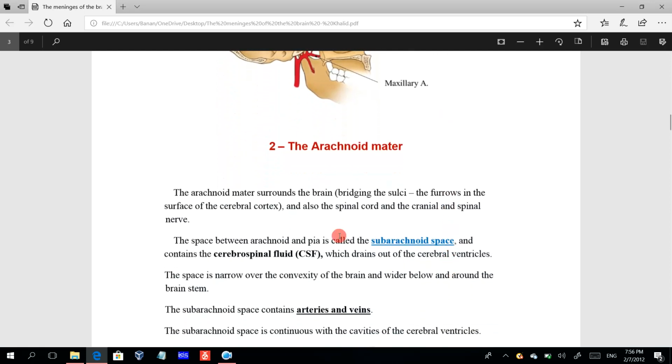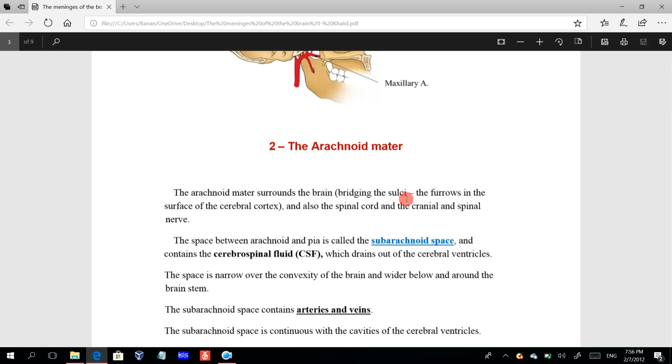The second layer, or the second membrane, is called the arachnoid mater, العنكبوتية. The arachnoid mater surrounds the brain, and here it bridges all the sulci. It does not enter the sulci, and you know the sulci are furrows, مثل خاديد, in the surface of the cerebral cortex.